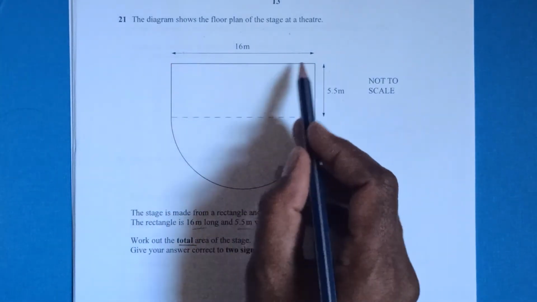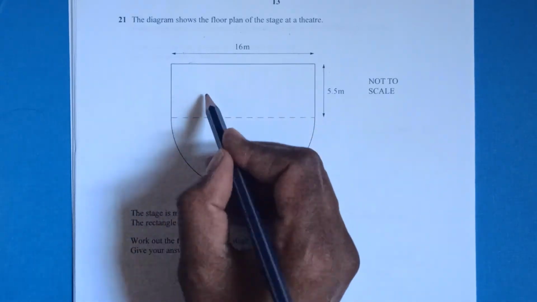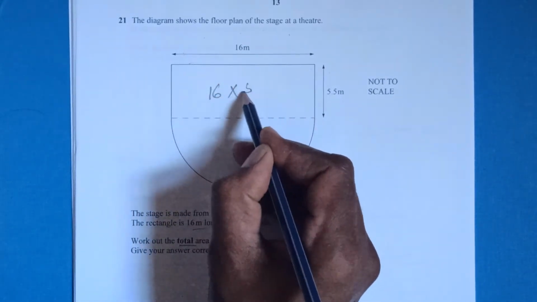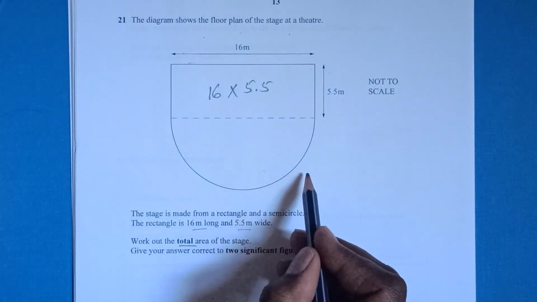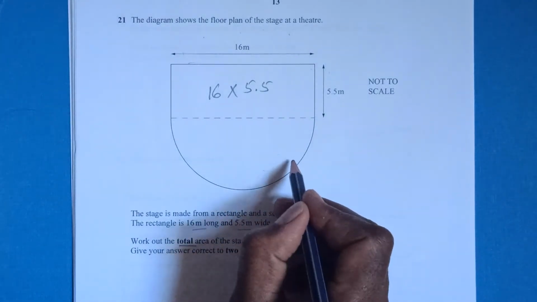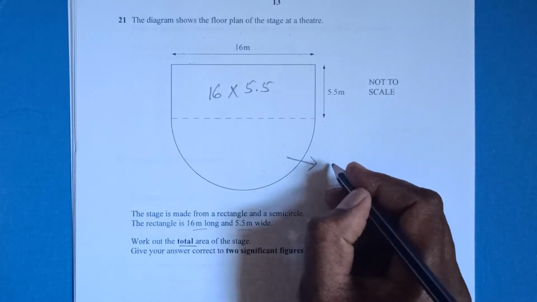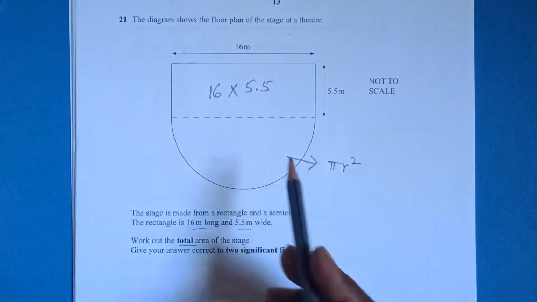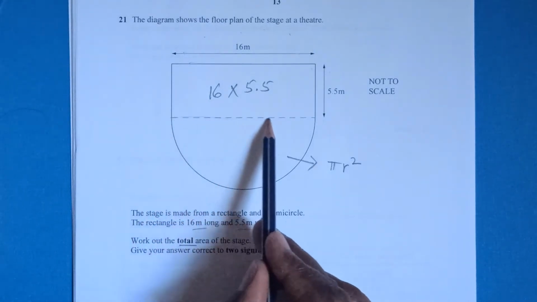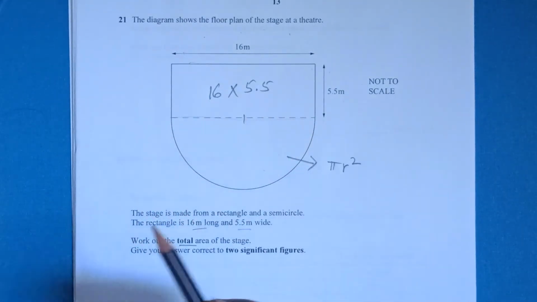So area of rectangle is length times width. So that means 16 times 5.5. And then area of this semicircle, the formula is pi r squared. As you see, this total length is 16, so half of this will be 8.